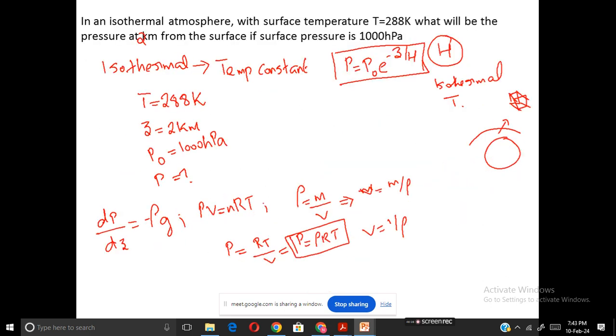We have just modified how it is represented.